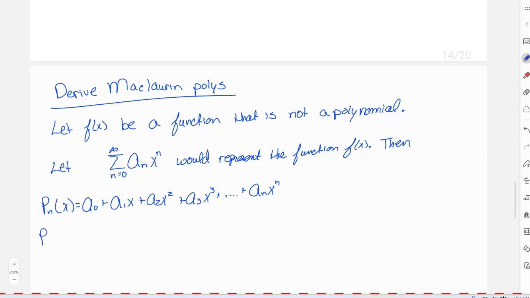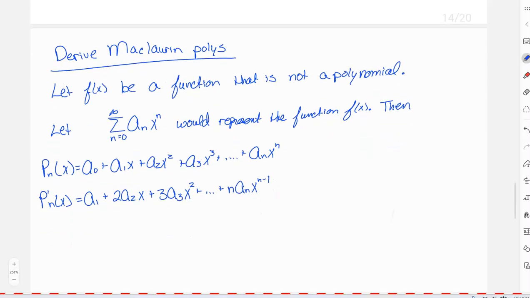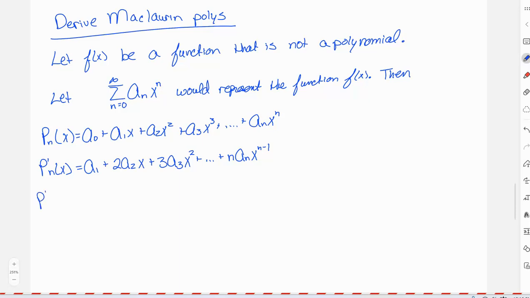And if I were to take the derivative of that polynomial, the derivative of a naught, since it is just a number, is going to be 0. The derivative of the next term would be a1 plus 2a2x plus 3a3x squared plus a whole bunch of other terms, and then n a sub n x to the n minus 1. And let's take a second derivative.